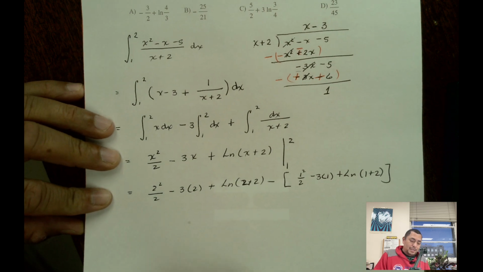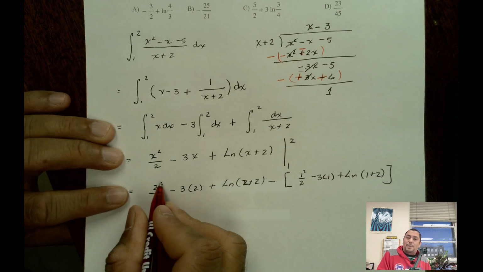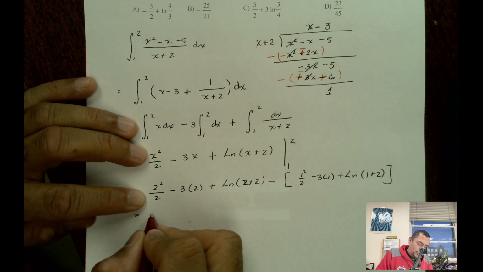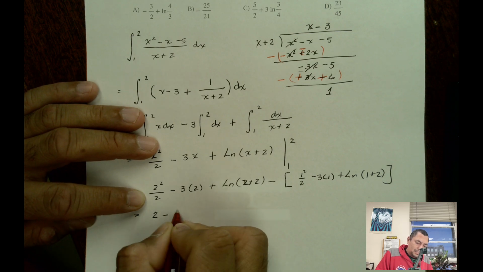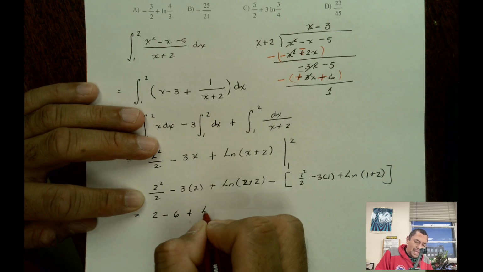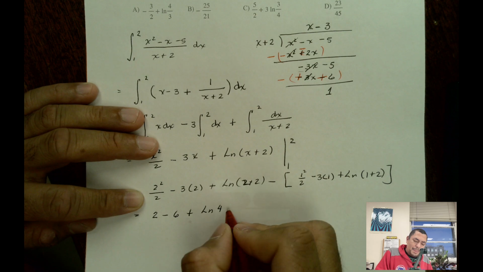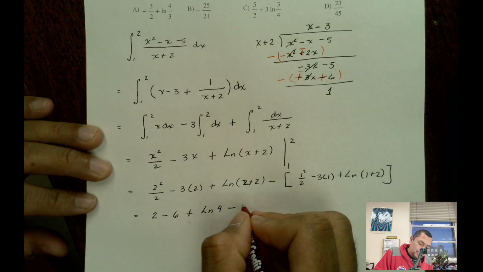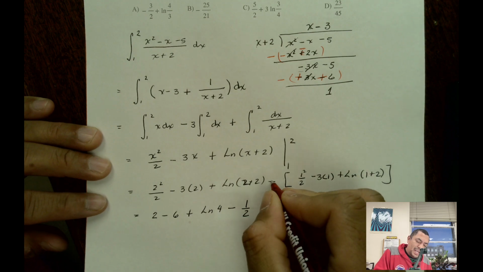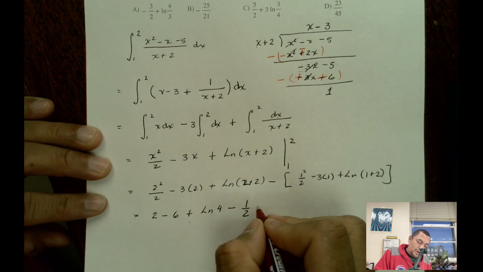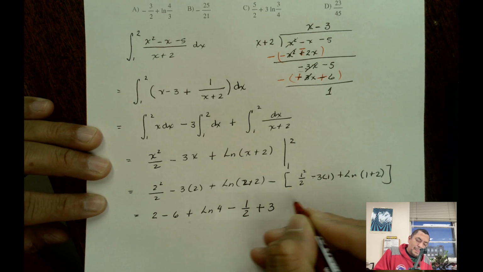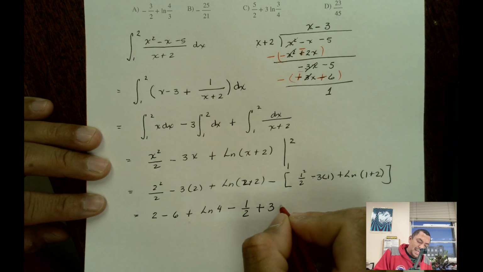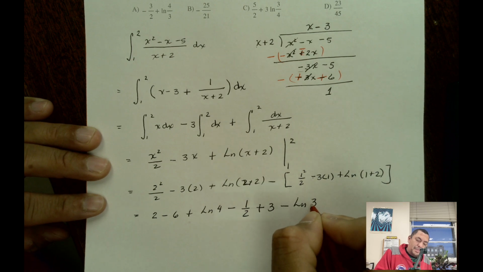Let's simplify. 2 to the second power is 4, divided by 2 is 2, minus 6, plus ln 4, minus 1 to the second power over 2 is 1/2. Negative and negative is positive. 3 times 1 is 3. Then negative and positive is negative ln 3.